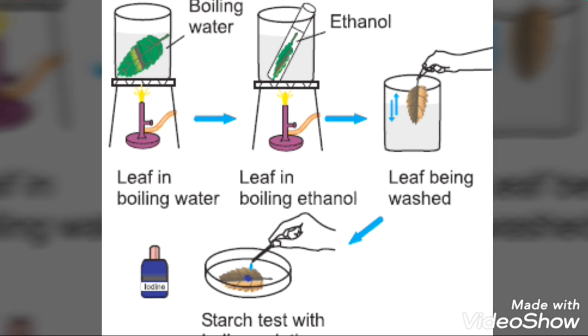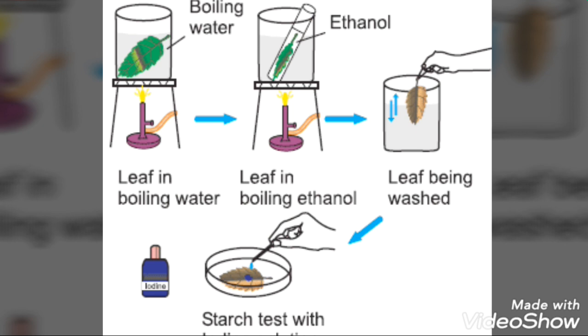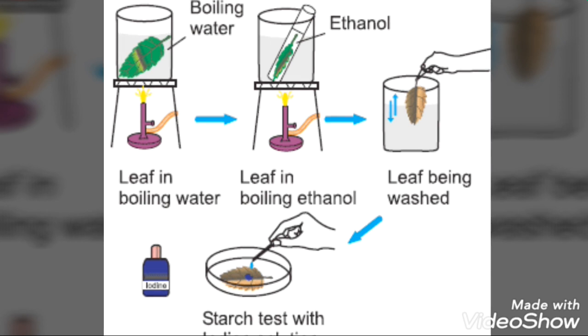Then transfer that green leaf into boiling alcohol so that it gets decolorized. Then dip that leaf in cold water, then dry it and put a drop of iodine on the leaf.